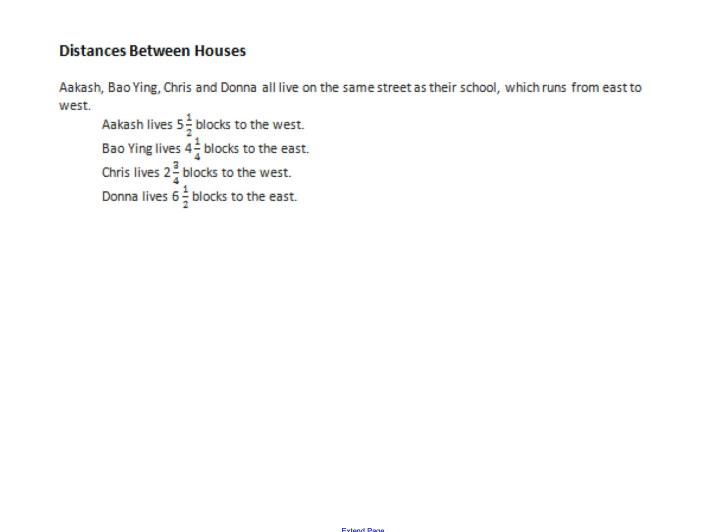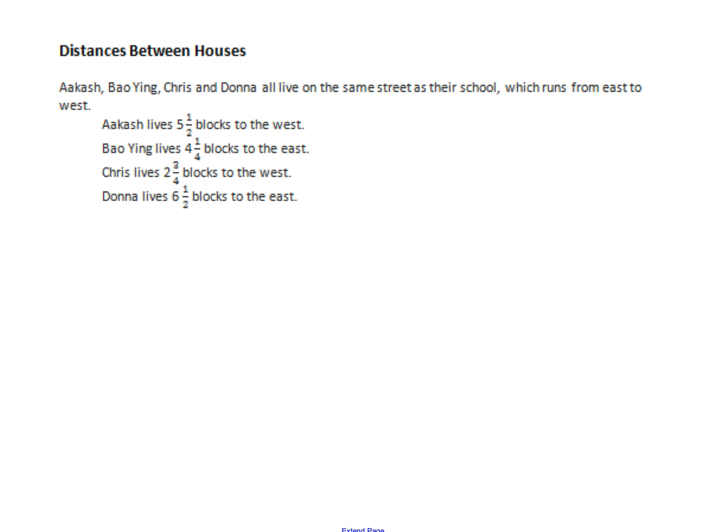All right, so let's take a look at our last problem here. Akash, Bao Ying, Chris, and Donna all live on the same street as their school, which runs east to west. And it says Akash lives 5.5 blocks to the west, Bao Ying lives 4 1/4 blocks to the east.